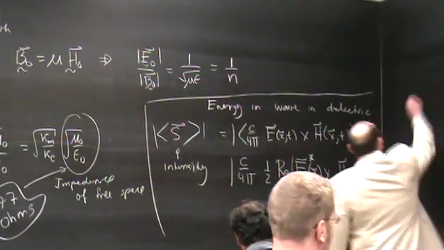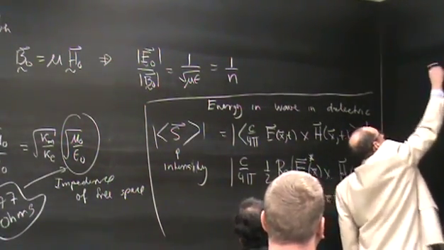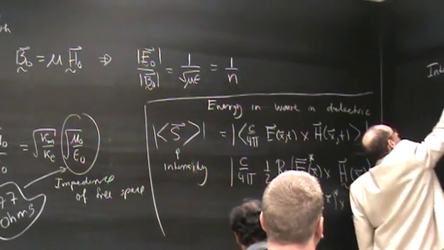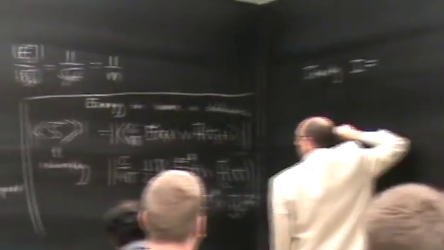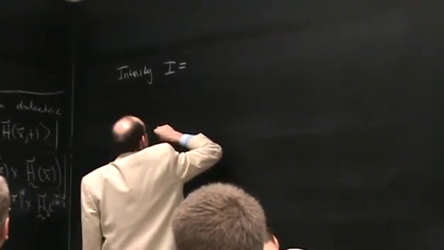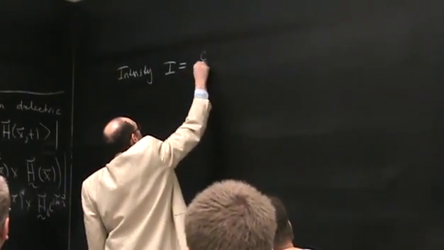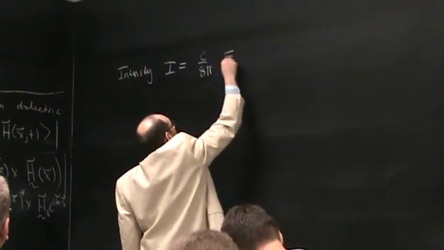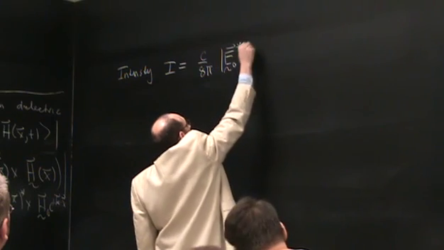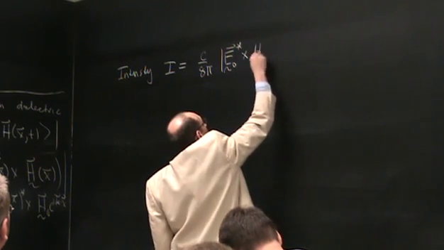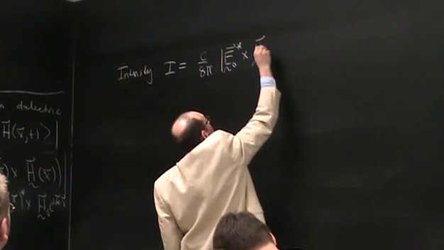So the intensity I is equal to c over 8 pi, the magnitude of E0 tilde star cross into that.